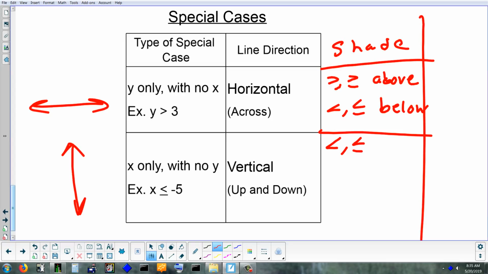So less than or equal to, you're going to shade left. When you have less than or equal to with a vertical, above and below doesn't make as much sense. Greater than or equal to, shade right. So when it's verticals, just look at the way that it's pointing. Shade left or shade right.